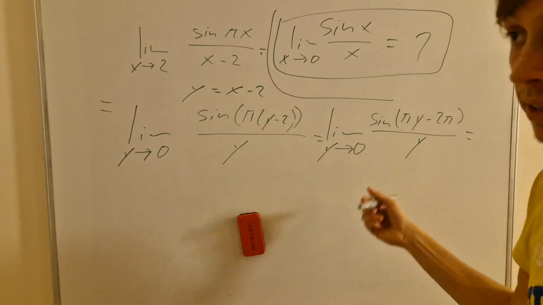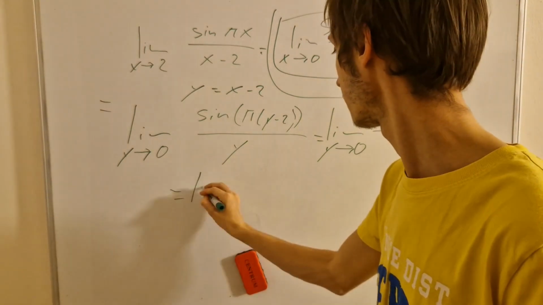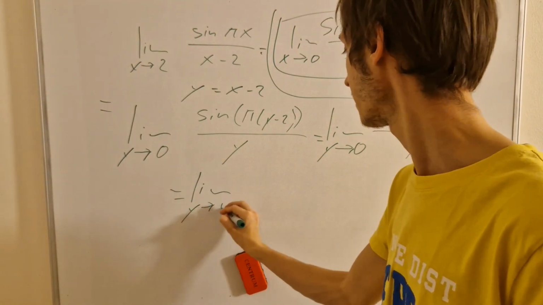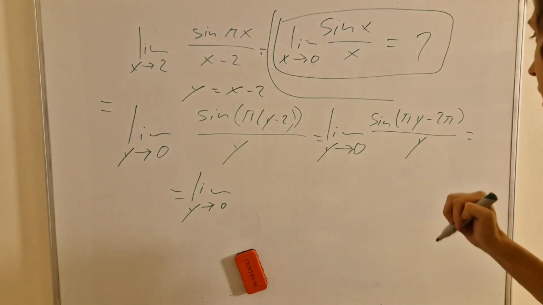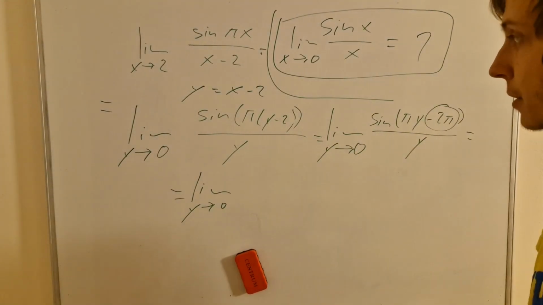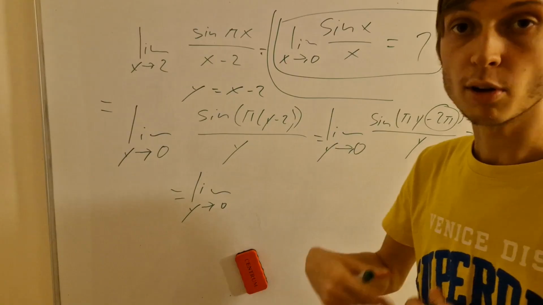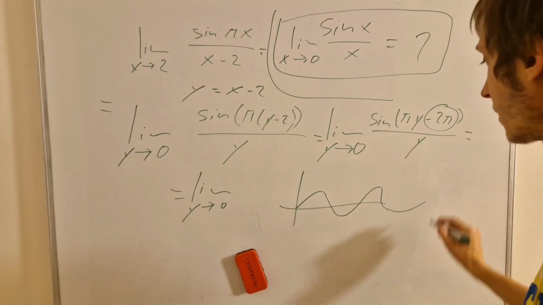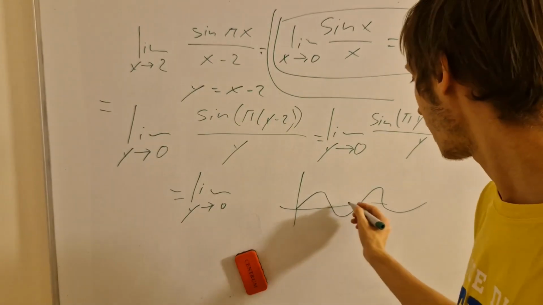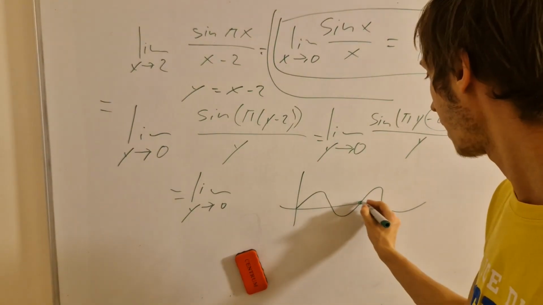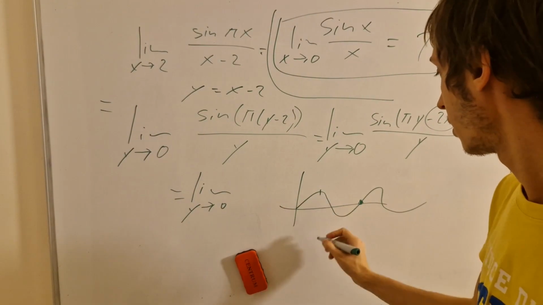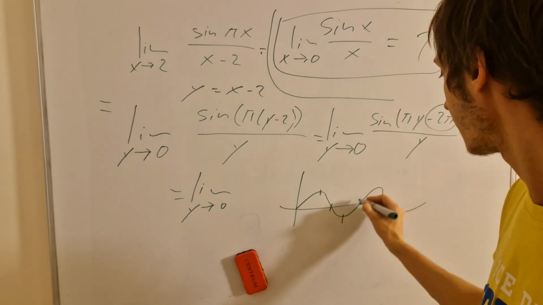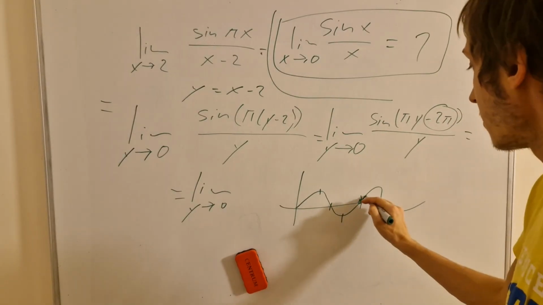But let's rewrite this a bit more for this to be more clear, and that is sine of pi y minus 2 pi. If you have an even multiple of pi, you sort of get after 2 pi, so this is 1/2 pi, 3/2 pi, 2 pi, to the same sort of segment.